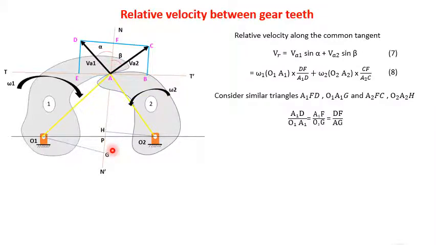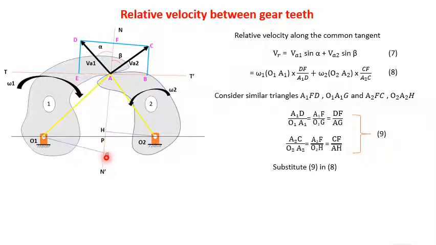Next, A2C divided by O2A2 is equal to A2F divided by O2H, which is equal to CF divided by AH. Let me call this equation number 9.